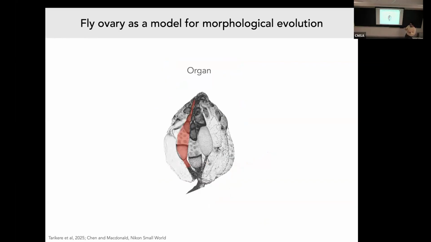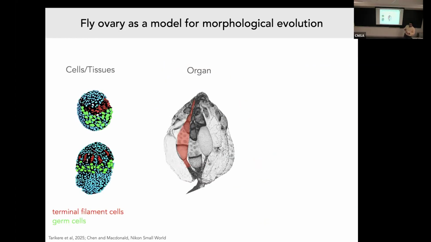The ovary is made up of a finite number of these ovarioles. These ovarioles are set up during the developmental phase of a fly, which is the larva, from this spherical ball of cells, which is called the larval ovary. The way they're set up is like this, right?